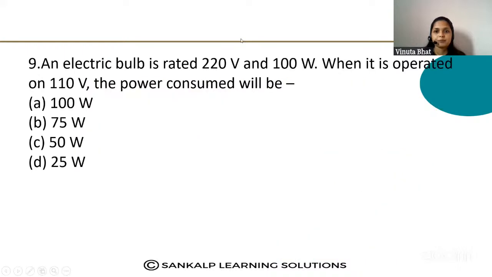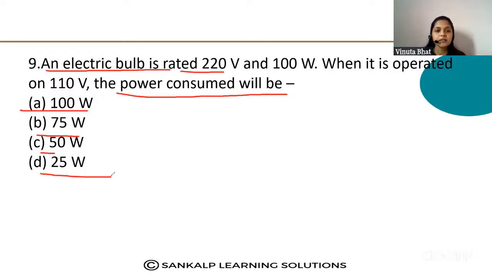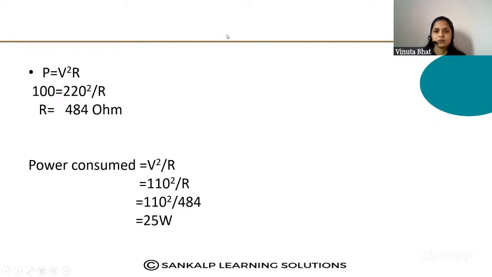Next question. An electric bulb is rated 220 volt and 100 watt. When it is operated on 110 volt, we have to find the power consumed. Option A 100 watt, option B 75 watt, option C 50 watt, and option D 25 watt. Let us do this sum.